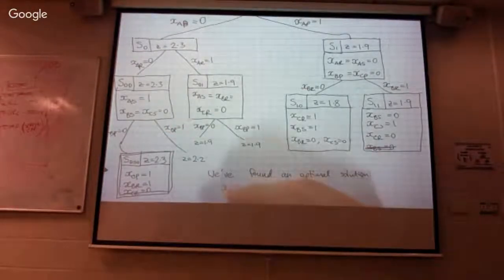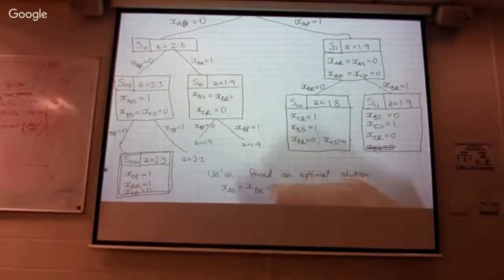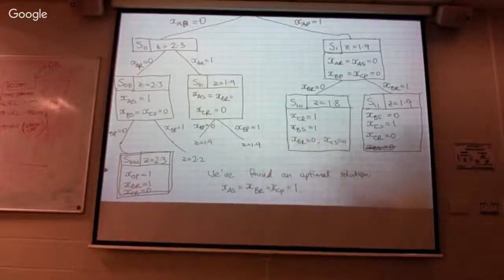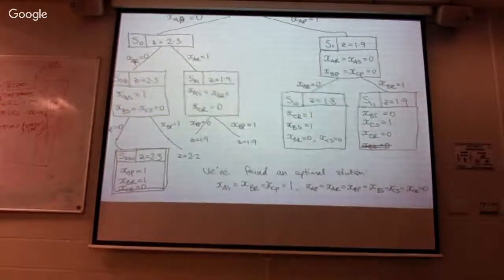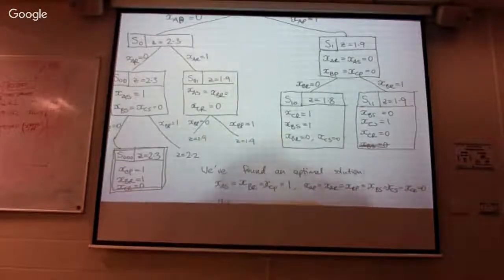So what is it? XAS and XBR and XCP are 1, and the remaining variables are 0. So all of those are 0. And the objective has value 2.3.